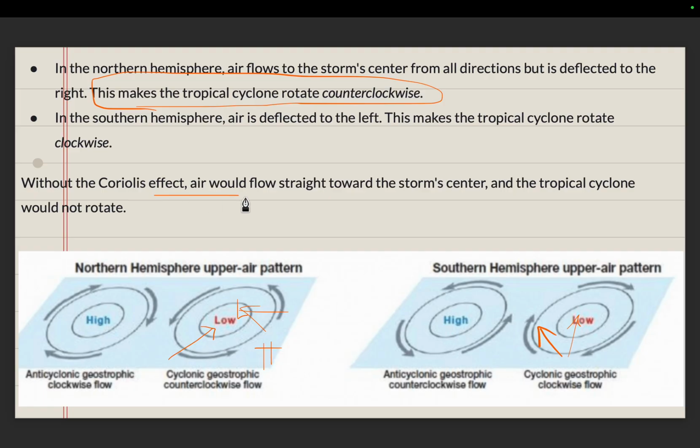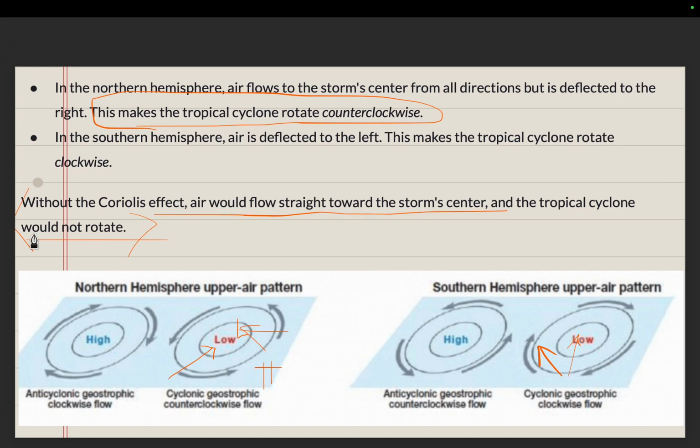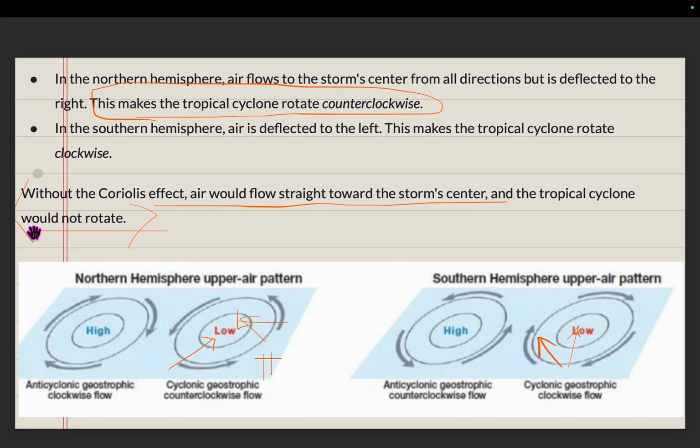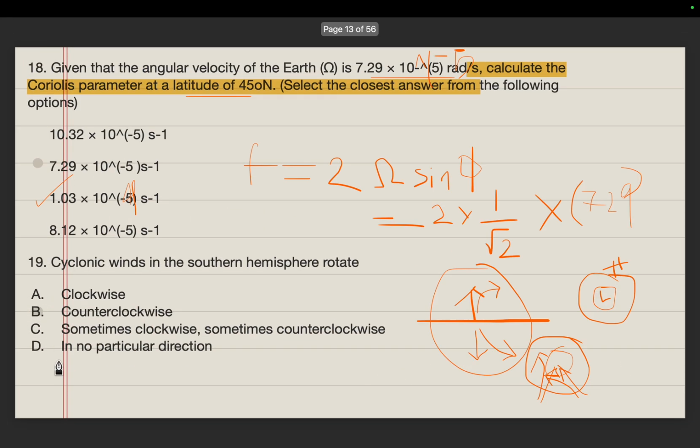Without the Coriolis effect, airflow would be straight toward the storm center, and the tropical cyclone would not rotate. So for question 19, option A is correct for the cyclonic wind of the southern hemisphere.